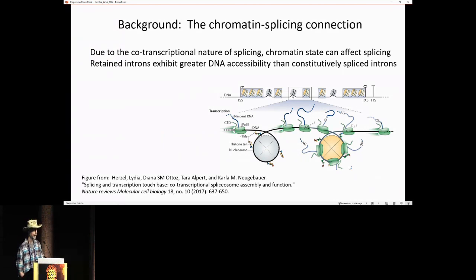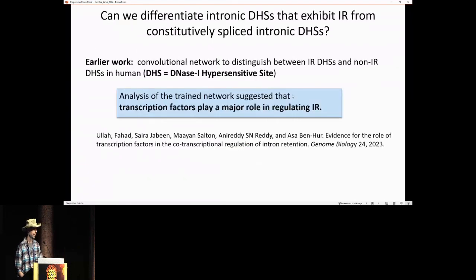So what we're going to try and do is to predict on the basis of sequence whether an intron is going to be retained. And specifically, we're going to only focus on subregions within introns that are DNA accessible.